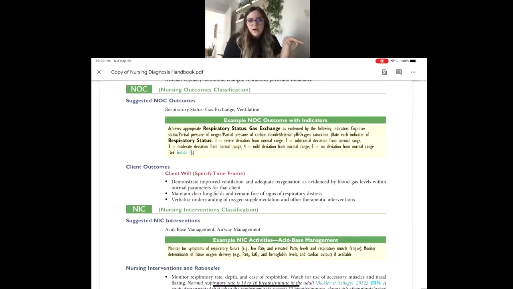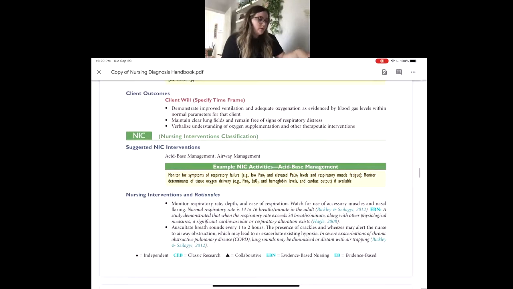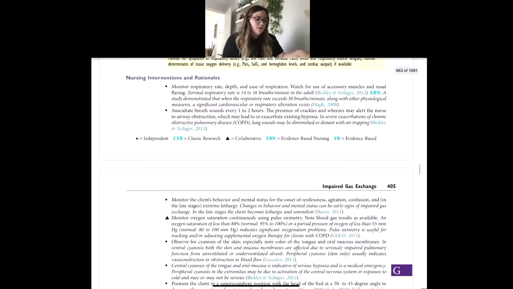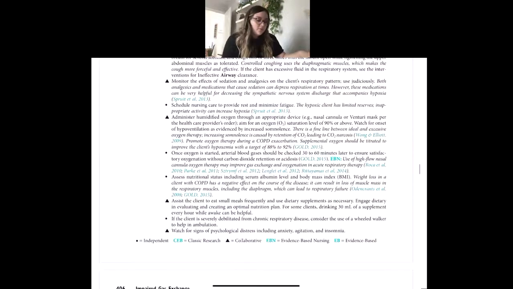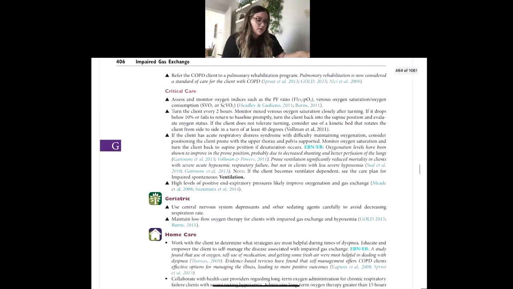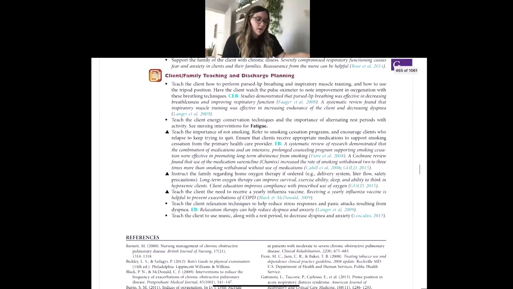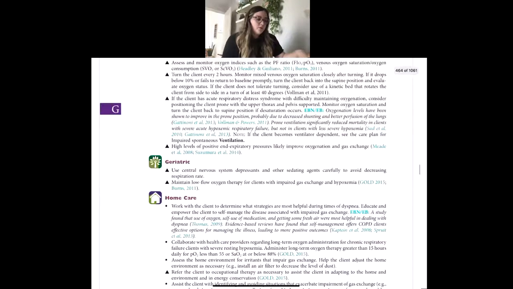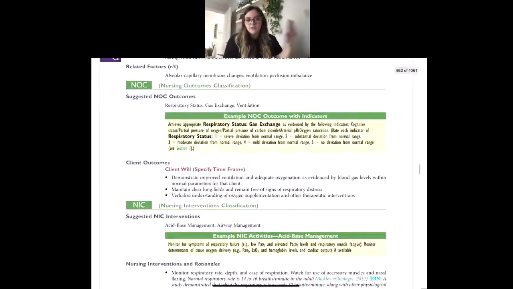And then you always want to add a value to those, something measurable. And then your interventions, and it'll give you a really long list of interventions. All of these would be really great to include in your care plans. So you pick 5 of those, 3 outcomes, there, boom, there's your care plan.